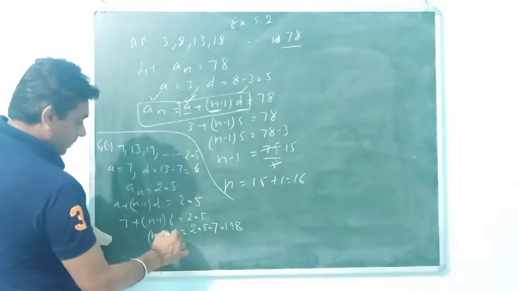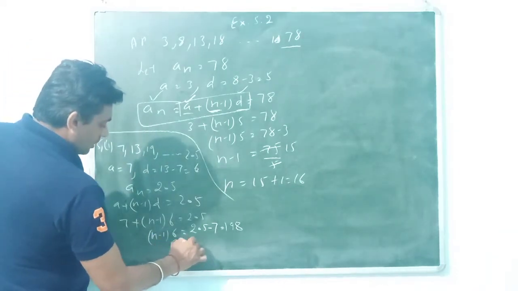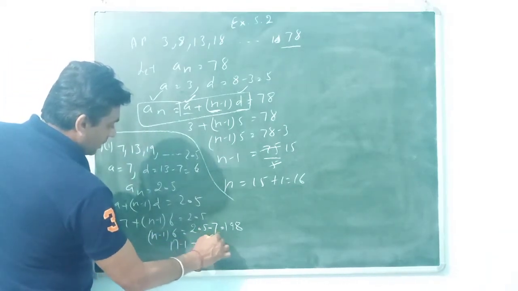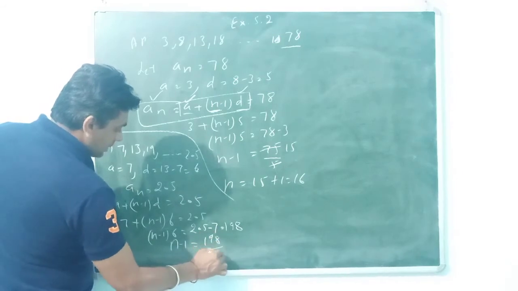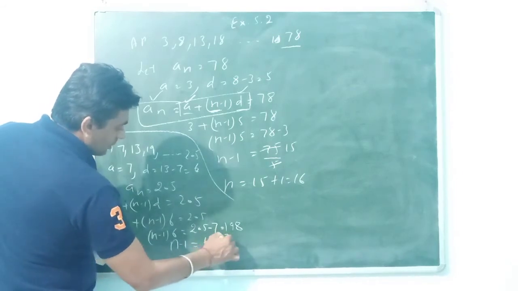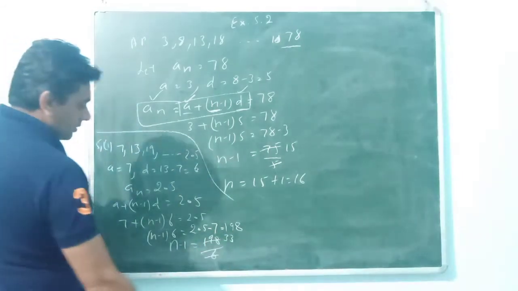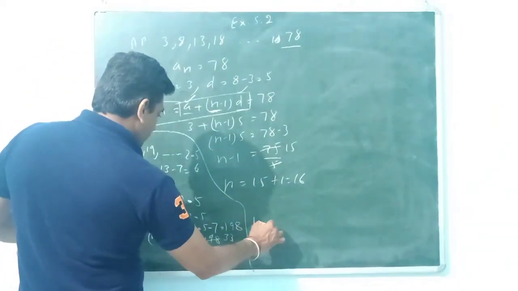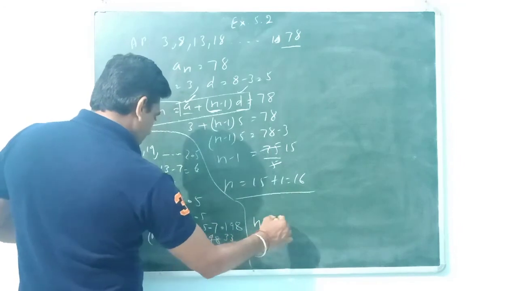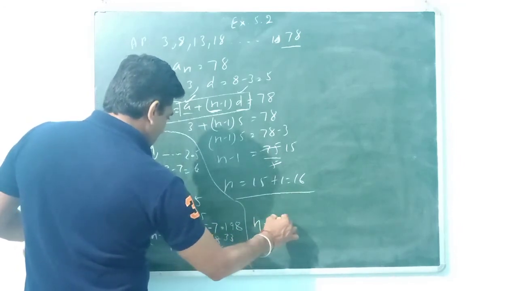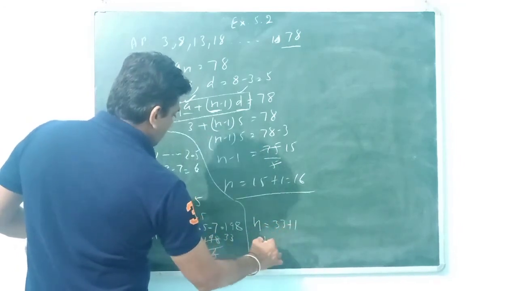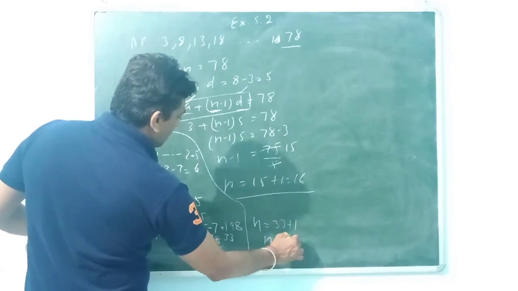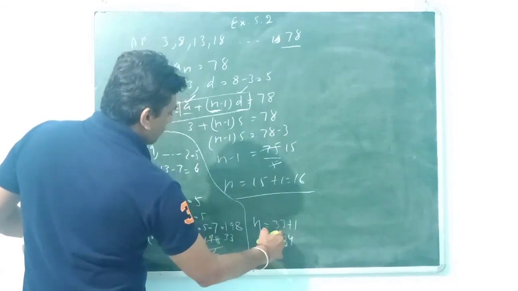Now n minus 1 equals 198 divided by 6, which is 33. So n equals 33 plus 1, or n is equal to 34.